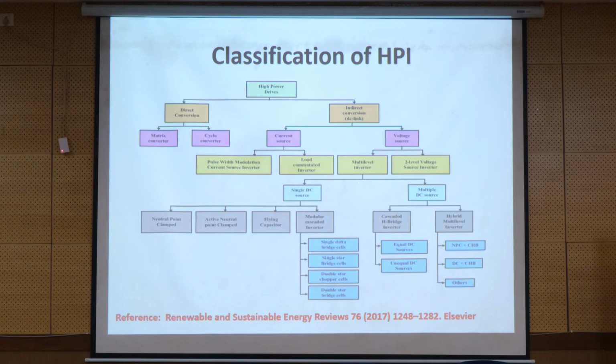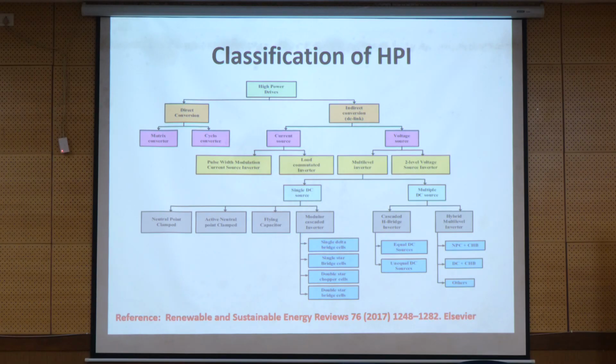Whereas in the multi-level inverter, the classification is done by the usage of the DC source. Either you make use of a single DC source or multiple DC sources. Multiple DC sources are best suited for the cascaded H-bridge inverter module.